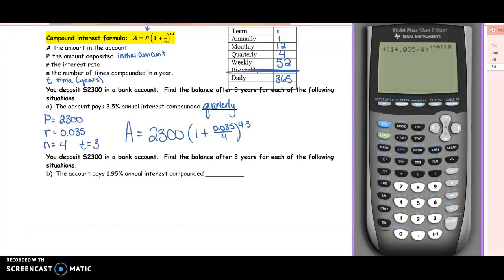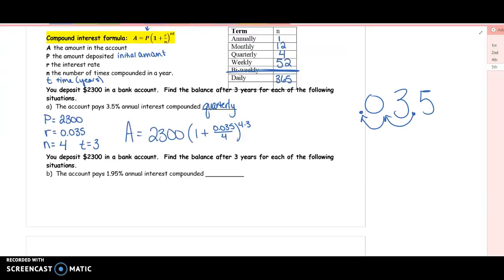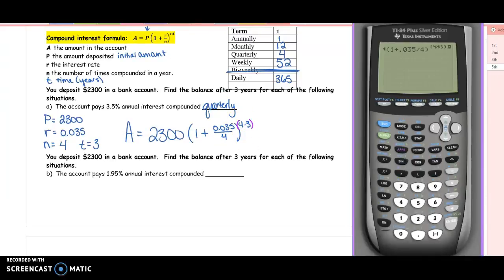It's a really good idea to put a second set of parentheses around your exponent to make sure that you get the numbers in your exponent multiplied together before the exponent is done. And then hit enter. You should get $2,553.47.